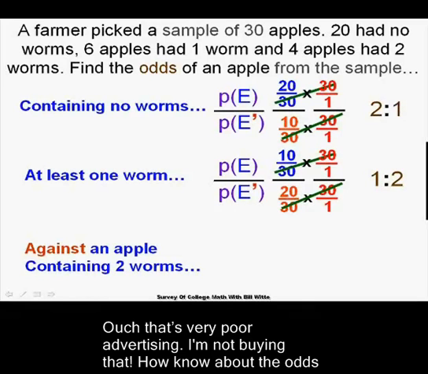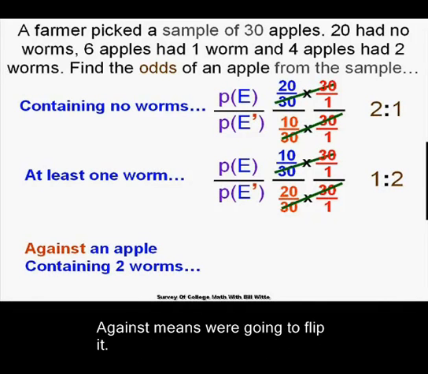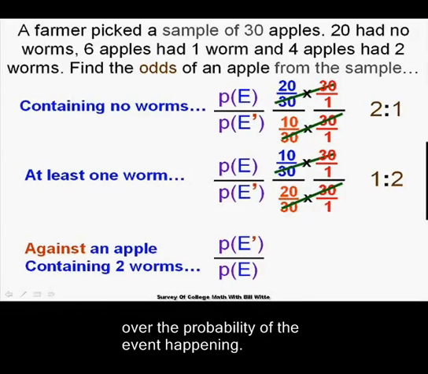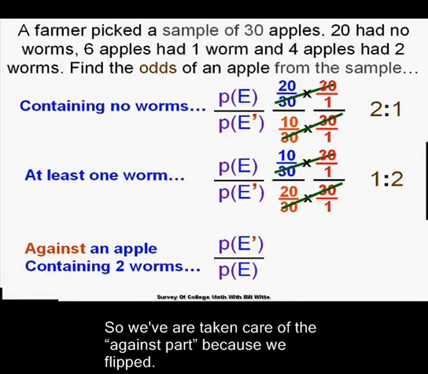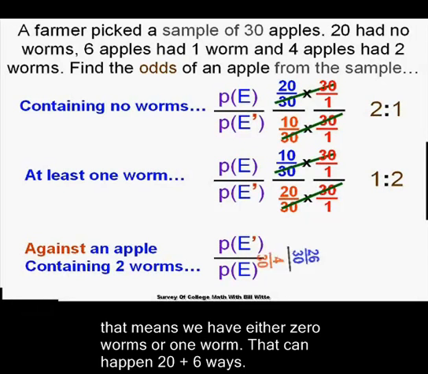How about the odds against, now against changes everything, against an apple containing 2 worms? Against means we're going to flip it. We're going to do the probability of the event not happening over the probability of the event happening. So we've already taken care of the against because we flipped it. So the probability of not having 2 worms, that means we have either 0 or 1 worm. That can happen 20 plus 6 ways, right?